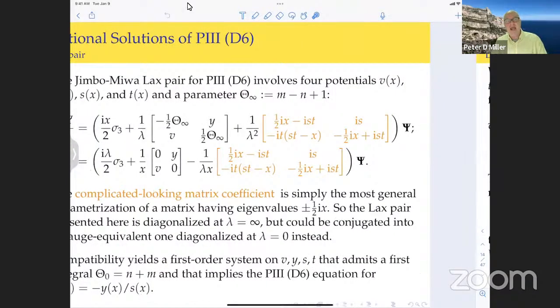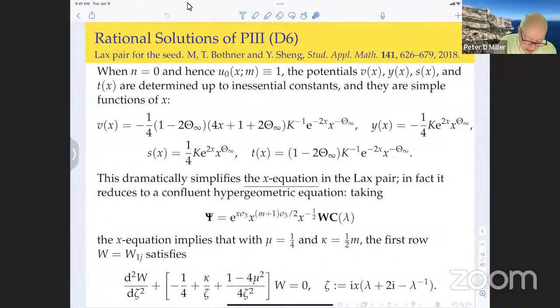So if we take the integer parameter n to be 0, and consequently take the solution to be the constant function 1, that's our seed, then the potentials v, y, s, and t are determined by this nonlinear system up to inessential constants. They're quite elementary functions of the variable x.